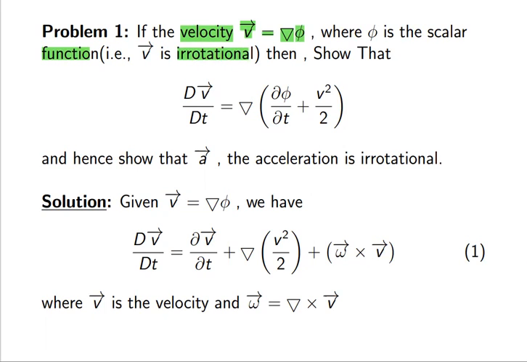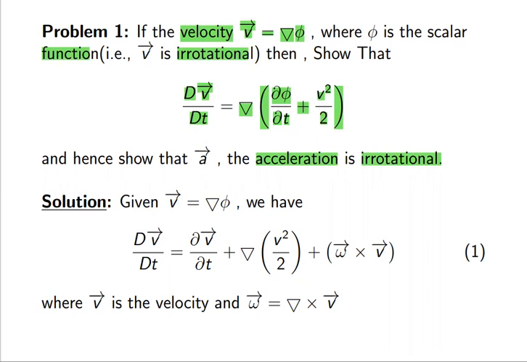Then we have to show or prove that dv by dt, that is acceleration in the material form, is equal to gradient of dou phi by dou t plus v square by 2. This is what we have to prove. And hence, after proving this, we should also prove that the acceleration is irrotational.